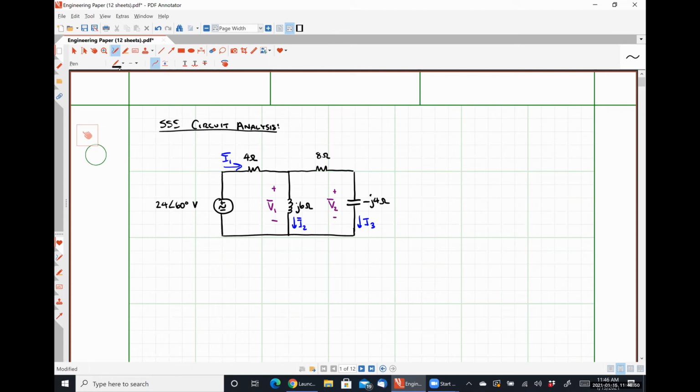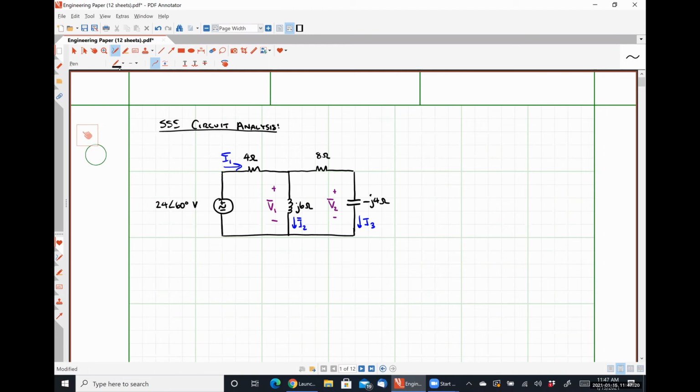Because this is largely a review, how could I go about solving for these quantities? Anybody have any idea? Okay, so we could combine everything into a single equivalent impedance and then use Ohm's law. That would allow us to calculate the quantity I1 pretty easily.